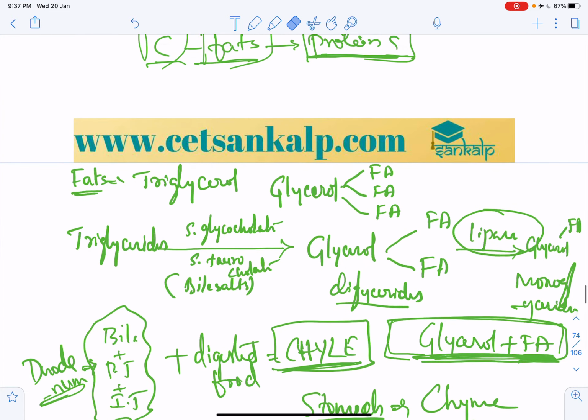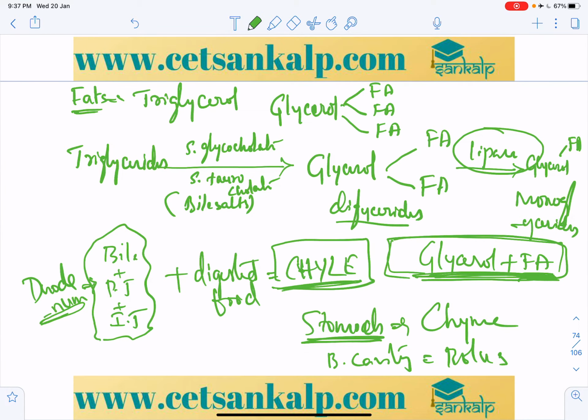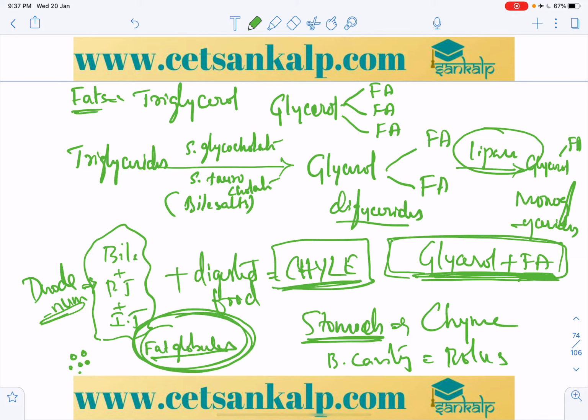And one more point: the fat globules which are produced with the help of bile juice will be covered by a protein coat. These smaller fat globules covered by a protein coat, just assume this is a protein coat, are called chylomicrons. They can penetrate through the epithelium of the intestine into the lacteals.